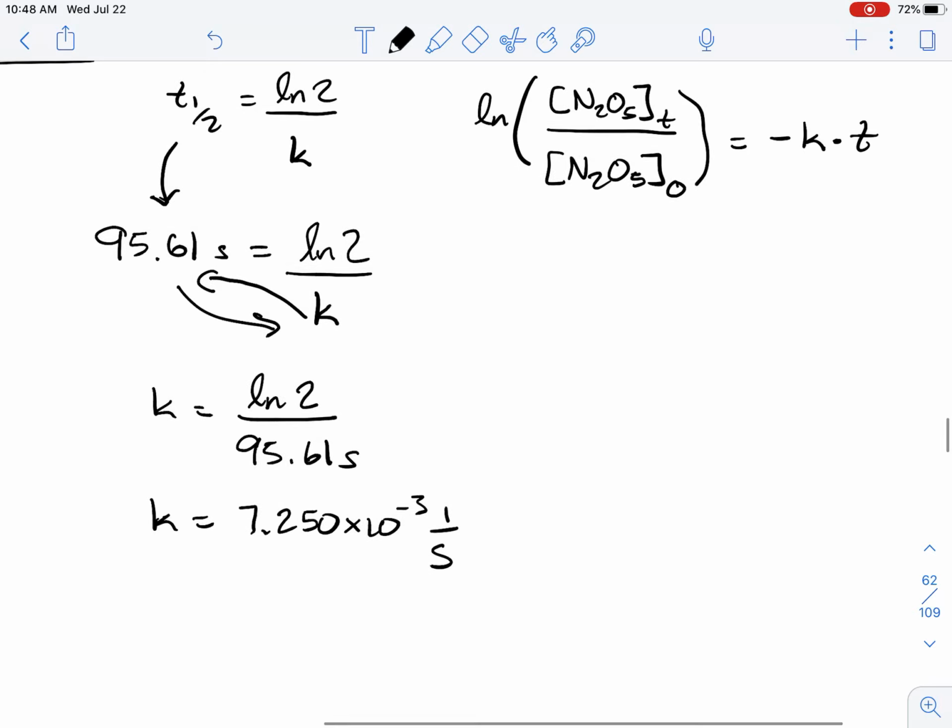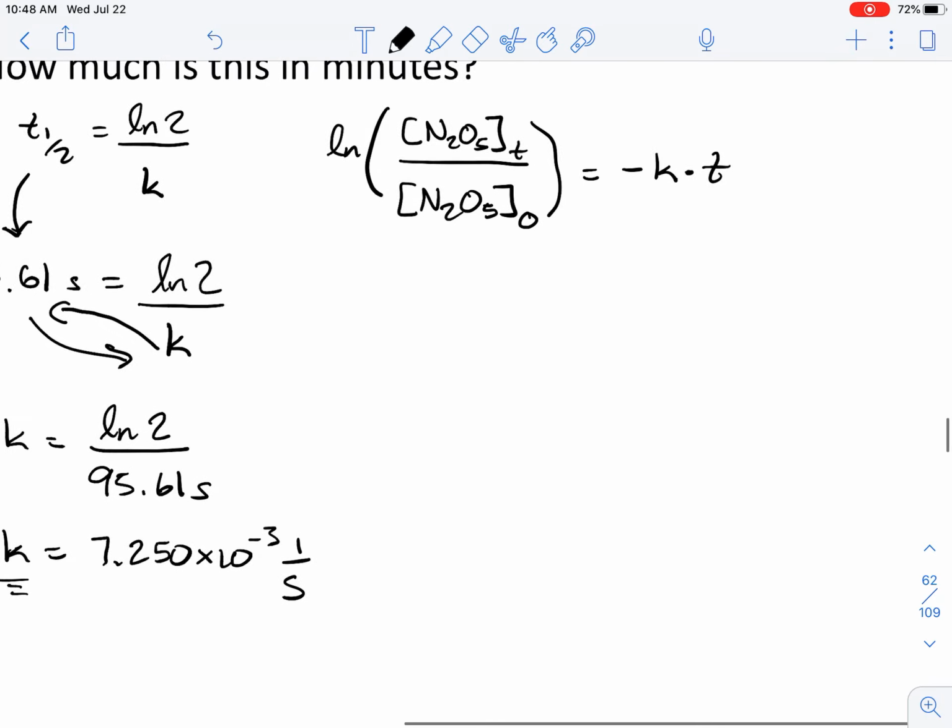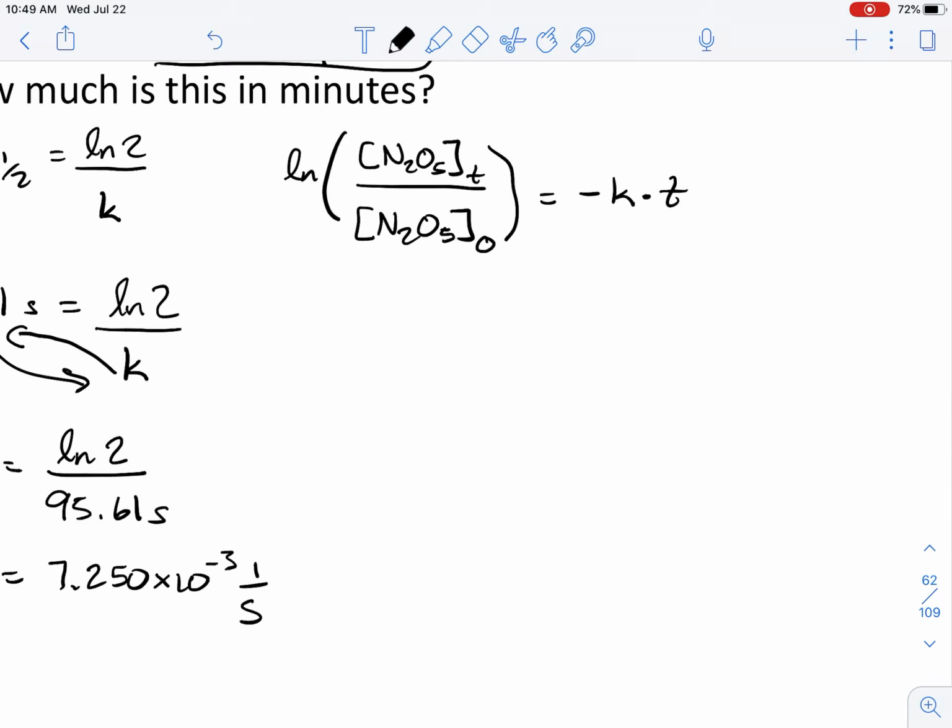And now that I've figured out the rate constant K, I can plug that into my integrated rate law, where the natural log of the concentration of dinitrogen pentoxide at the final time period is going to be 0.0125 molar, while the initial concentration is going to be 0.150 molar. So notice how the molarity unit cancels out.